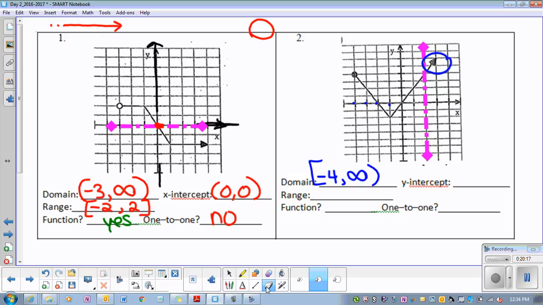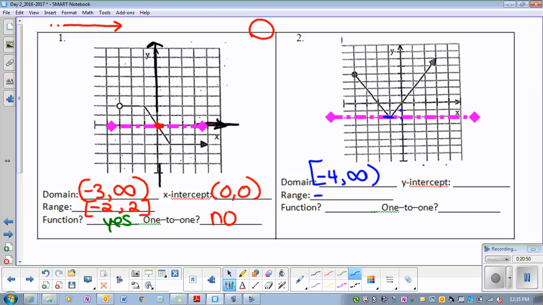Okay, so let's talk about the range. Okay, so the range, we're looking at it from the bottom to the top, right? And the bottom is negative infinity. Do you guys see any arrows going down? No, so you don't have negative infinity. So we're working our way up, up, up, and my graph starts right there. Okay. So since it's here, that means what? -1, -2.